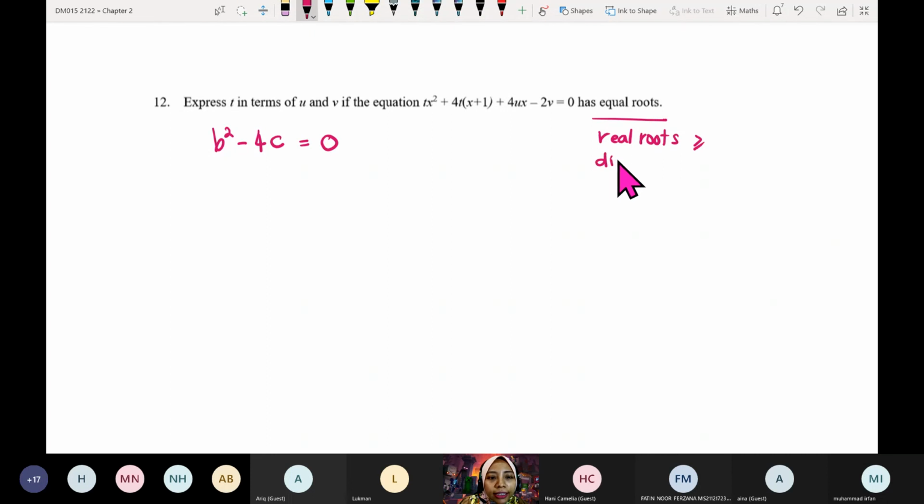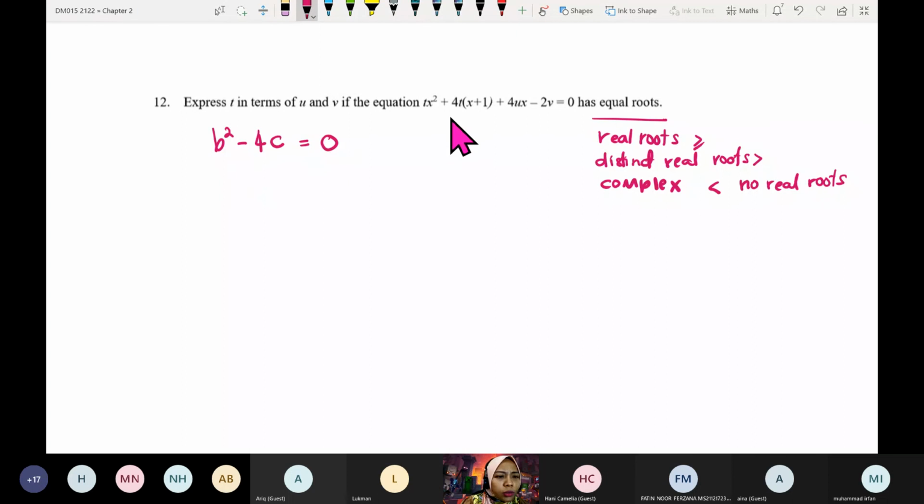Kalau dikata distinct real roots, so greater. Kalau dikata complex roots, so less than. Maksudnya no real root lah tu. Boleh ke students? Okay, so get back to our discussion.